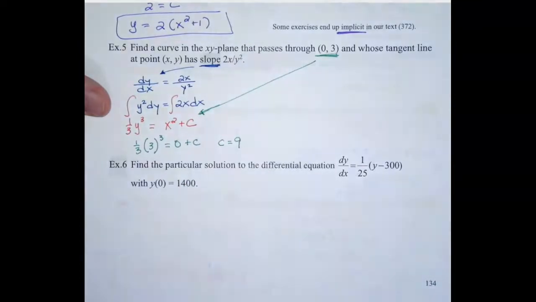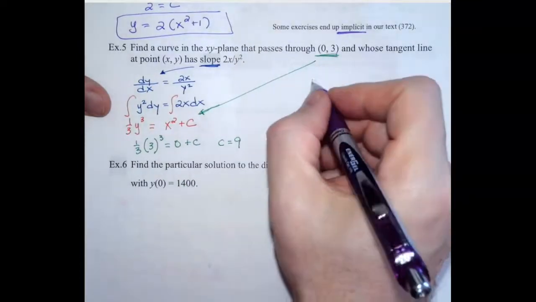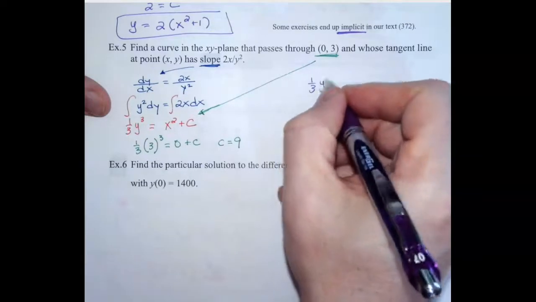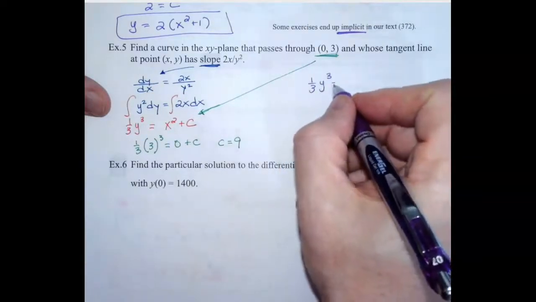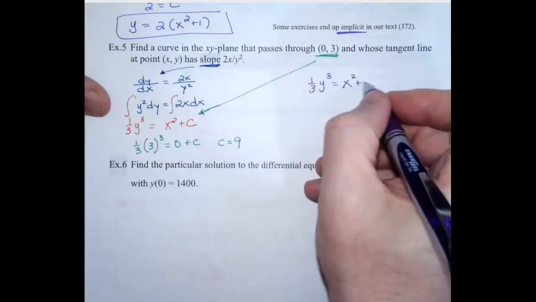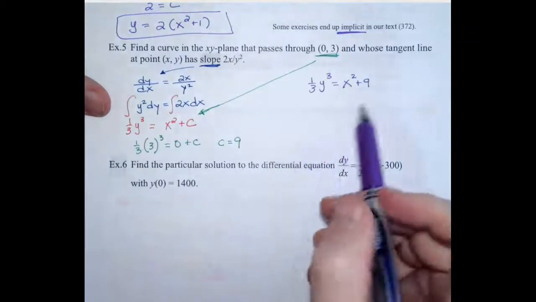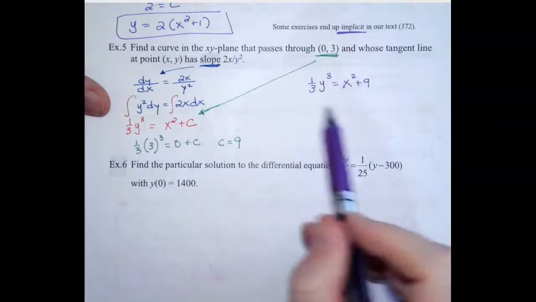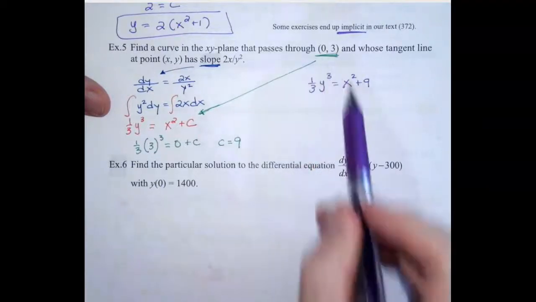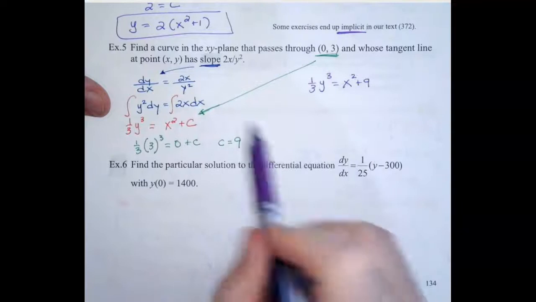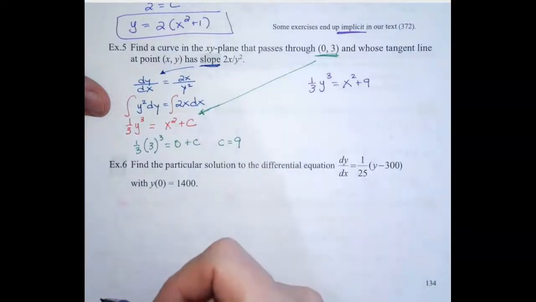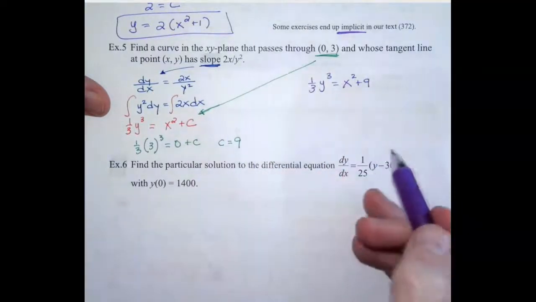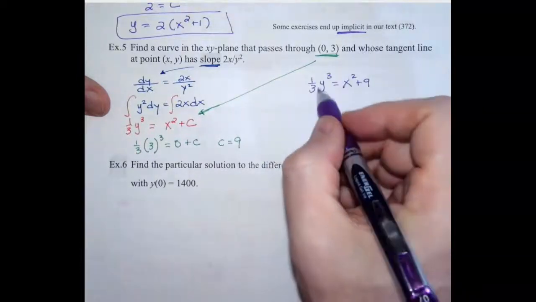And then we can go into 1/3 y cubed equals x squared plus 9. The thing about this is, if you decide to plug that point in later, if you decide to solve for y first and then you plug that in, your c will be different than the c we got here, because it'll be the c that shows up actually right here.